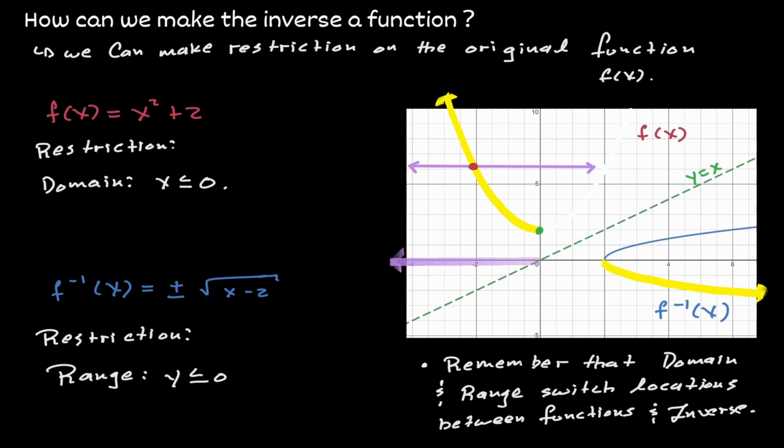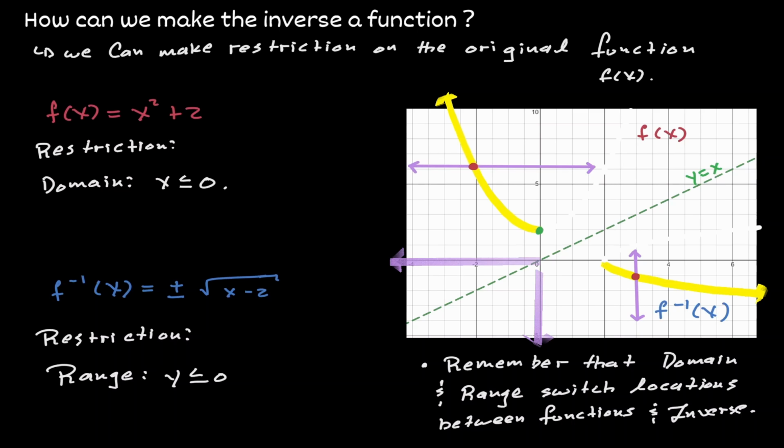So therefore, we will ignore all those y values which are greater than 0. So let's cover them up. And if we only consider this section, notice that now we will pass the vertical line test. We will only intersect the inverse function at one location.